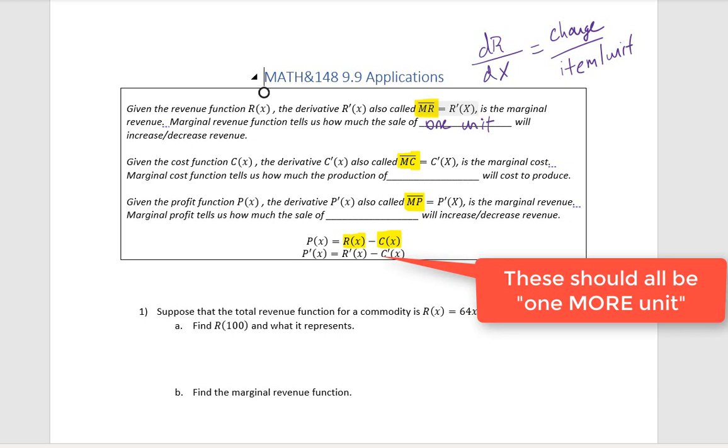Okay, the same thing occurs when you're talking about the cost. So the marginal cost function tells us how much the production of one more unit will cost to produce. And same thing with profit, so one more unit. Since you guys are business majors, I'm sure that this isn't a foreign concept to you.